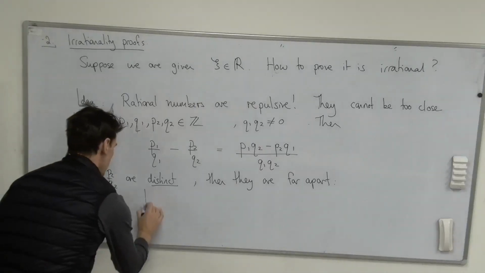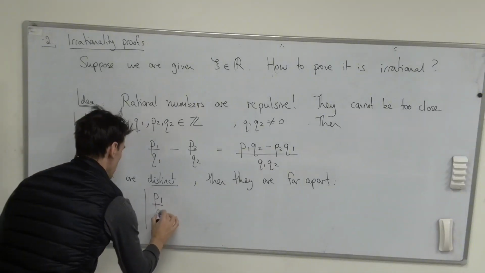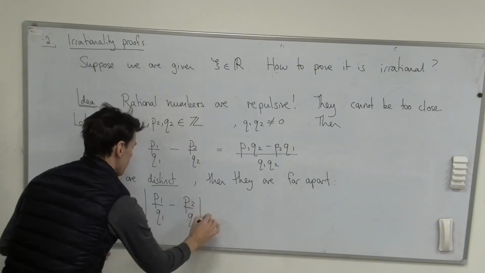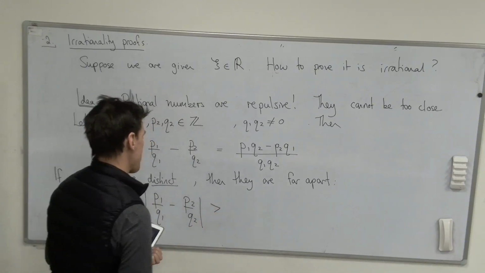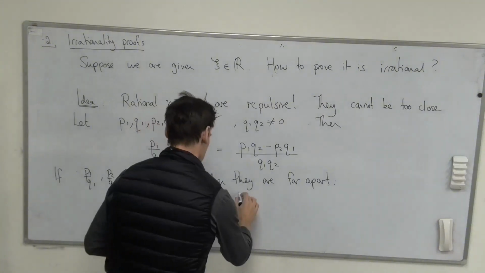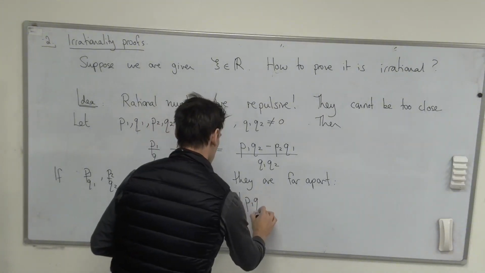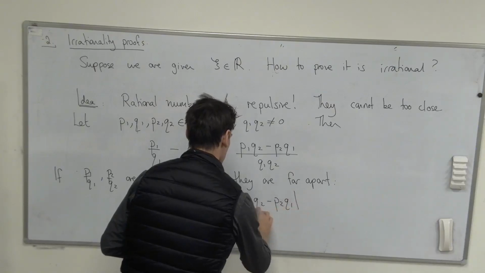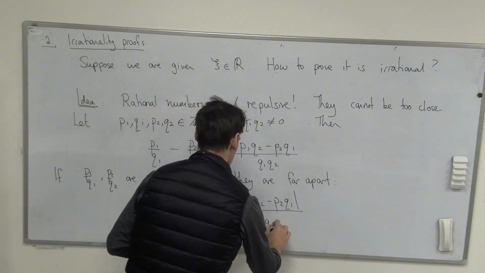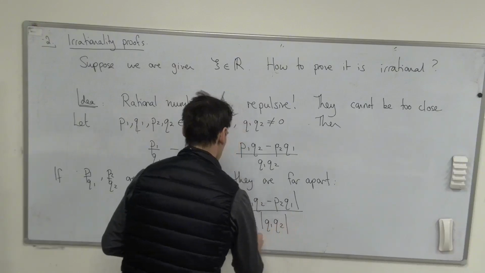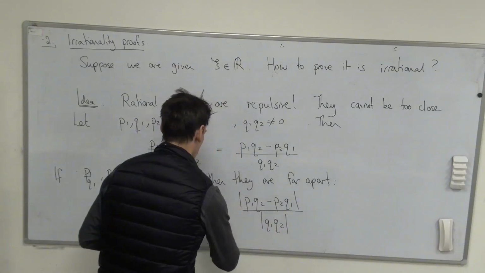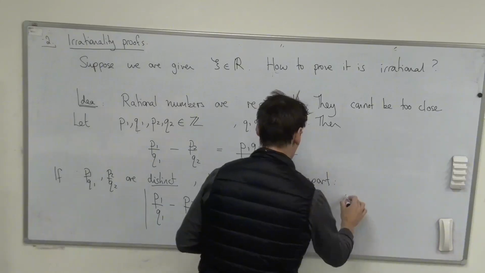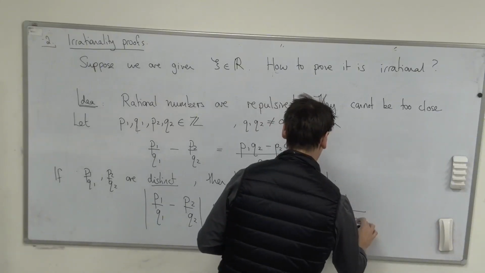And more precisely, the absolute value of P1 over Q1 minus P2 over Q2 is bigger than or equal to 1 over Q1 Q2.